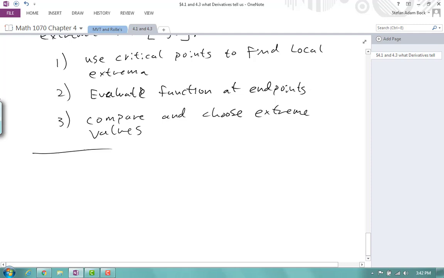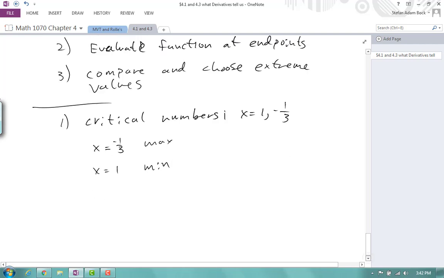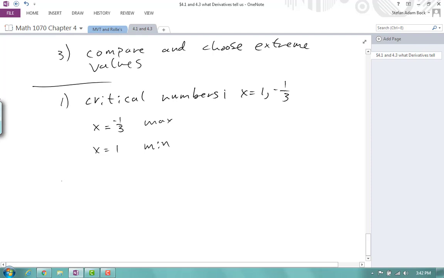So before, my critical numbers were -1/3 and 1, and we found those both to be local extrema. So at x equal to -1/3, we had a max, and at x equal to 1, we had a min. Now I should evaluate this function at the endpoints, f of -1 and f of 3.